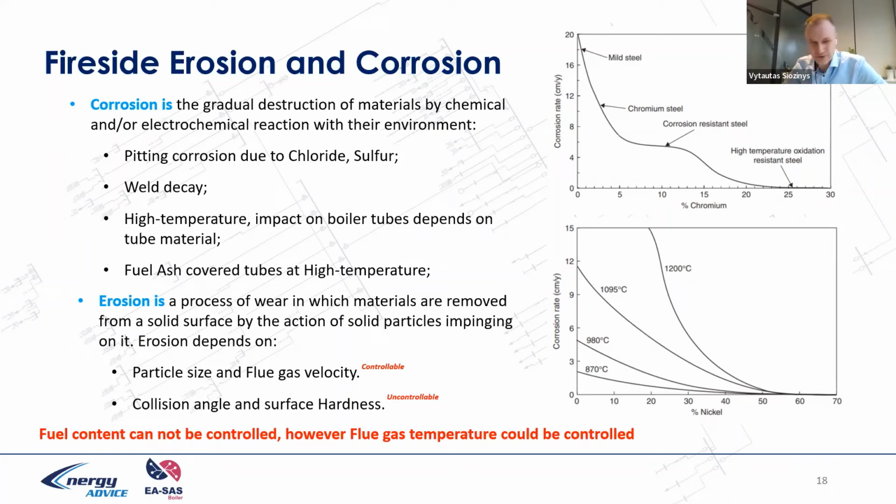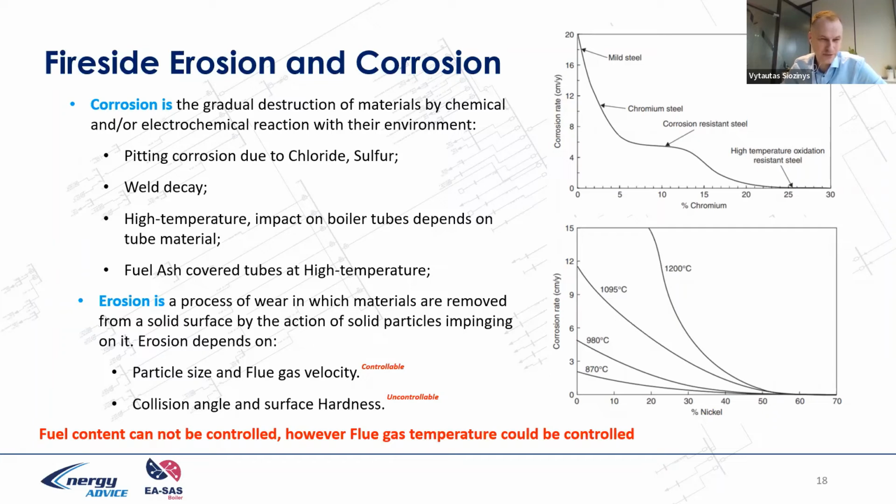We should come back to the theory about corrosion and erosion. What does corrosion mean? Corrosion is gradual destruction of materials by chemical or electrochemical reaction in their environment. Probably inside the boiler we don't have electrochemical issues, no electrical potential because of perfect grounding everywhere, but we have chemical corrosion, which could be divided into pitting, chloride, sulfur, weld decay, and high temperature impact on tubes.